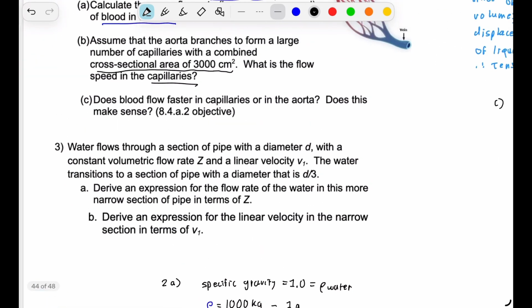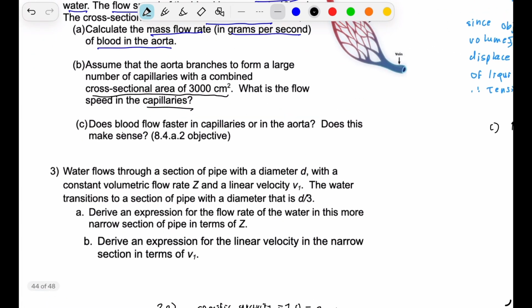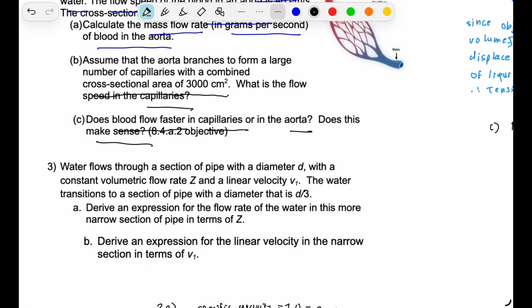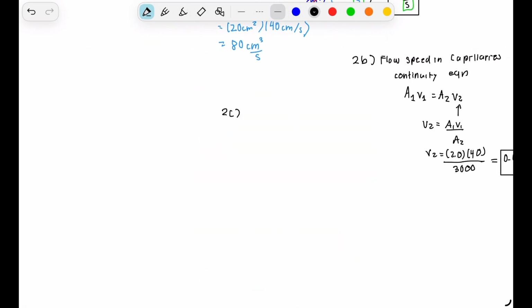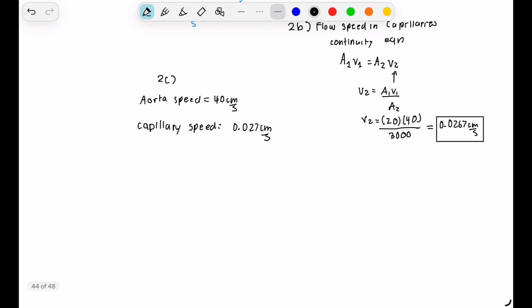For our next problem, we're asked, does blood flow faster in capillaries or in the aorta? Does this make sense? So for part C, we know that the aorta speed is equal to 40 centimeters per second, and our capillary speed is equal to 0.027 centimeters per second, which is much lesser.